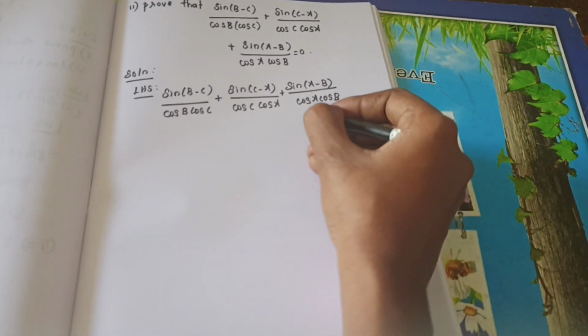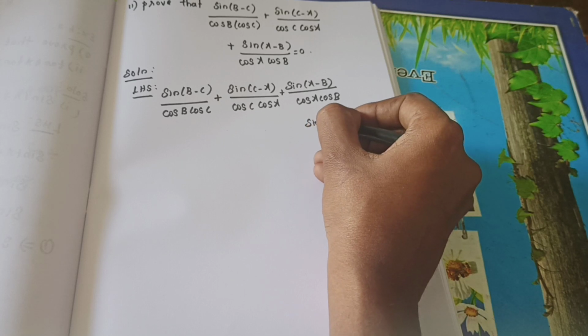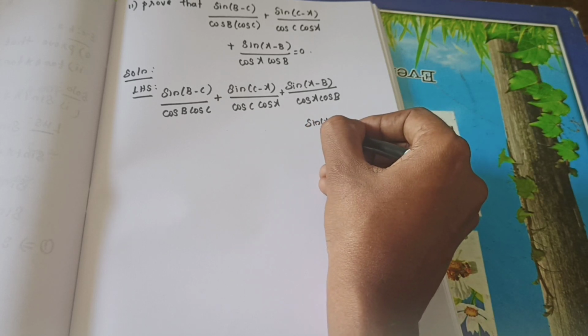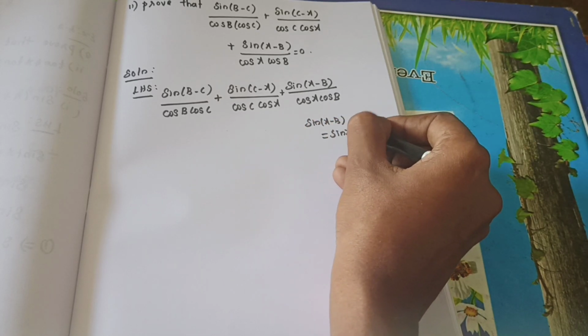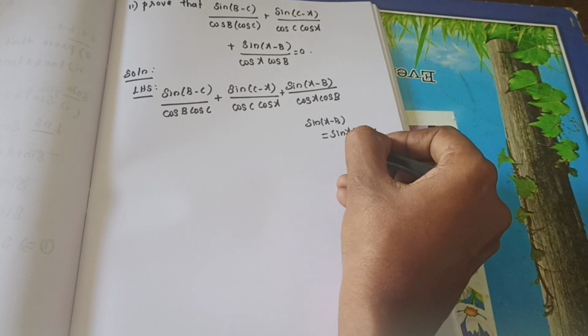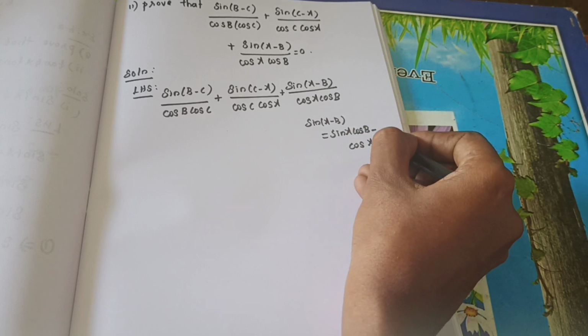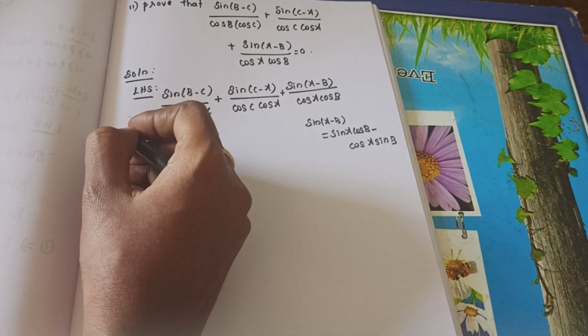Okay, what's the formula for sin(A minus B)? Sin A cos B minus cos A sin B. Substitute by using the formula, that's all.